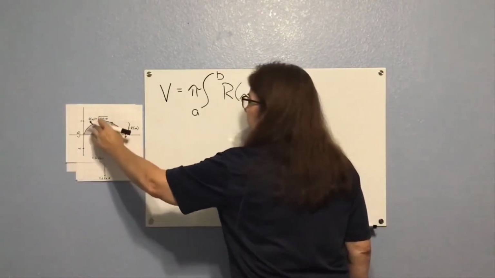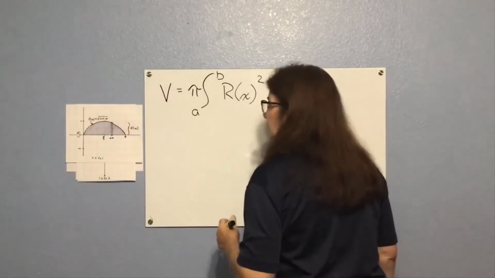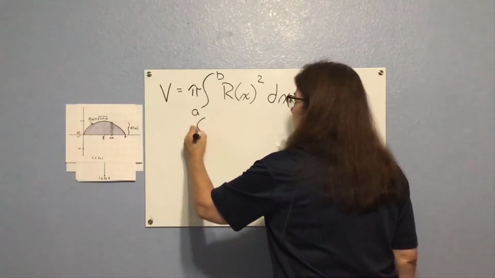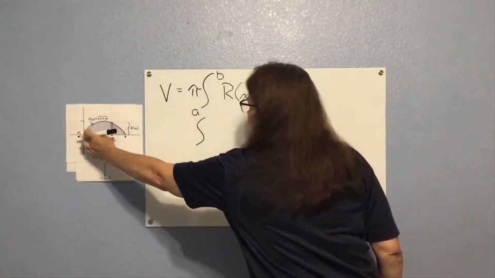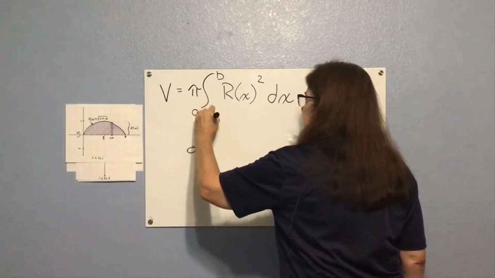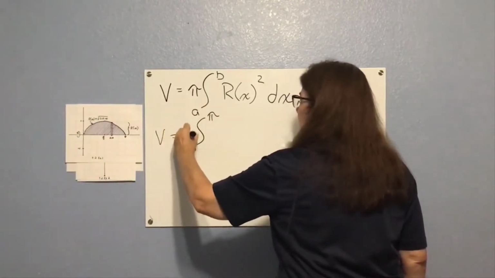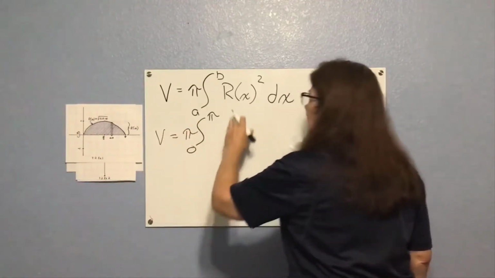So for this case, my curve is f of x equals the square root of sine x. And we're going from 0 to pi. We always start with a pi out here.